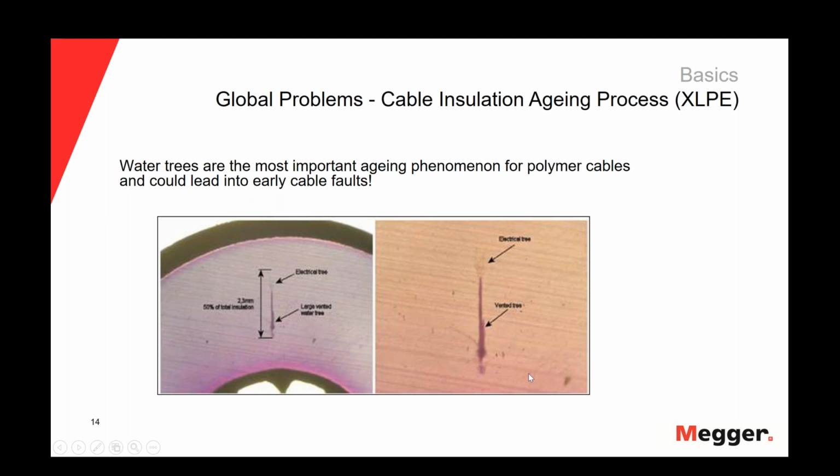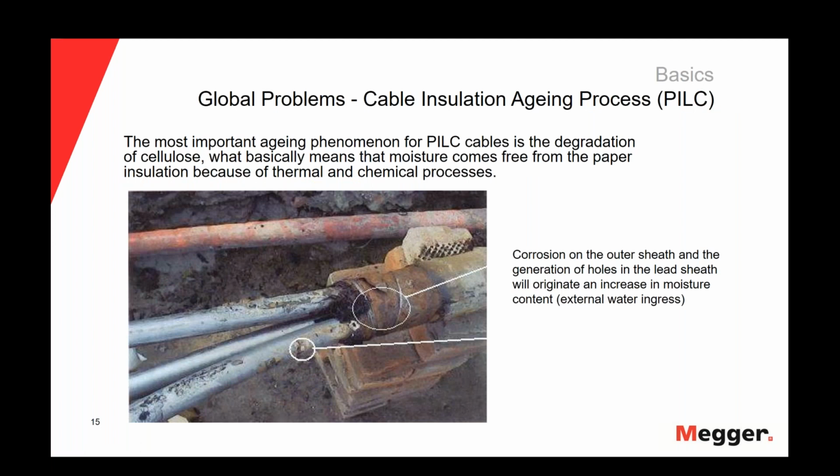So in the case of XLPE cables, we have, of course, the water trees are the most important aging phenomenon for polymer cables and could lead to early cable faults, as we saw in the previous slide. In the case of paper insulated cables, of course, the most important aging phenomenon is the degradation of the cellulose.